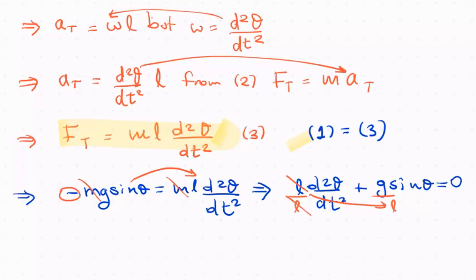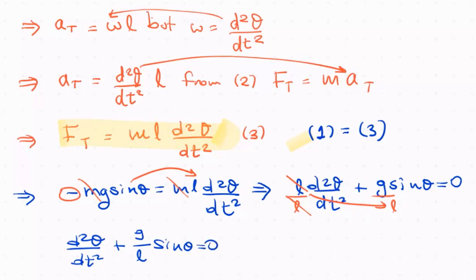Then we will have the second derivative of theta with respect to time plus g dividing L sine of theta equals 0.